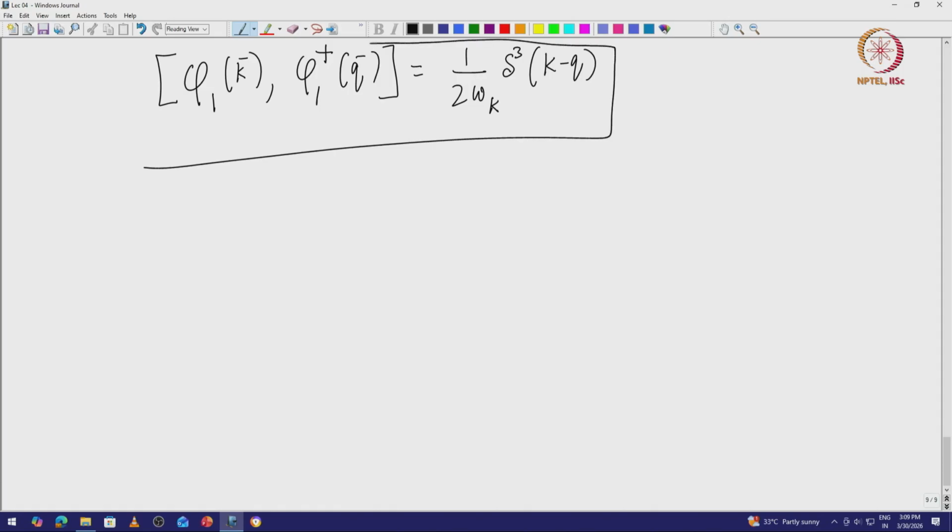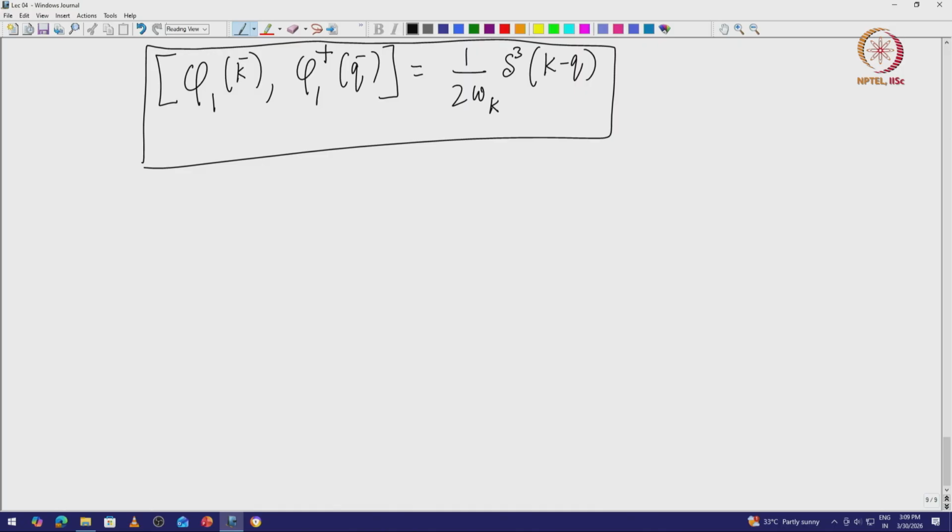So now you can ask what happens. This is the equivalent of the phi and pi commutation relation, but now in momentum space. This means that you also have phi dagger k and phi dagger q, which should vanish, which should also fit now.